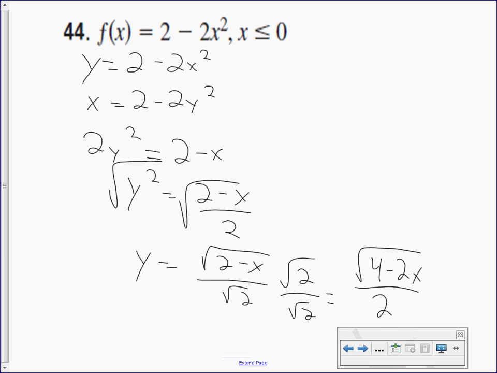What stinks is that sometimes you have to rationalize out your denominator.